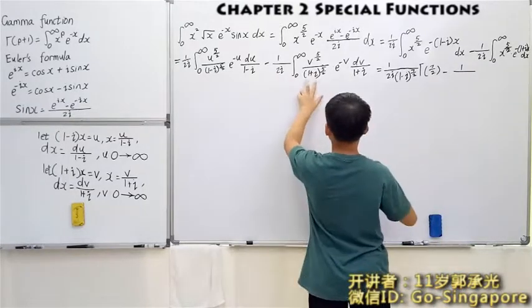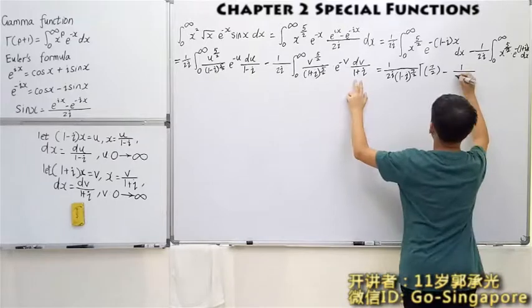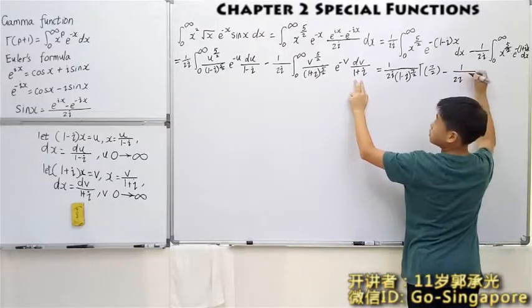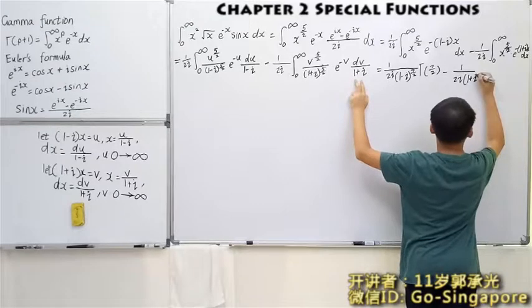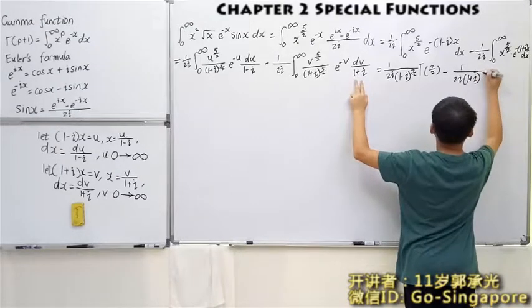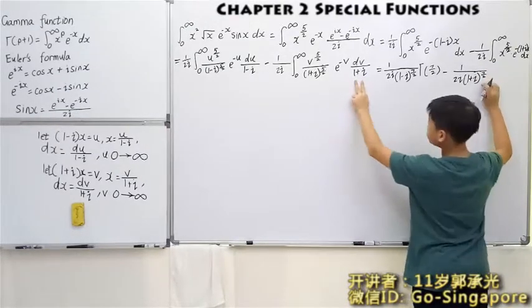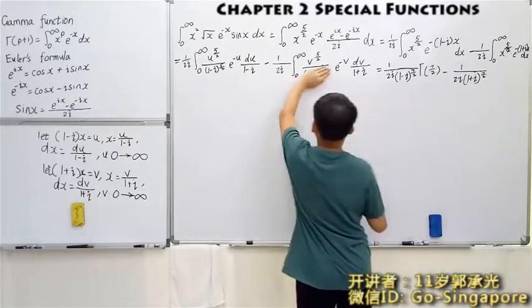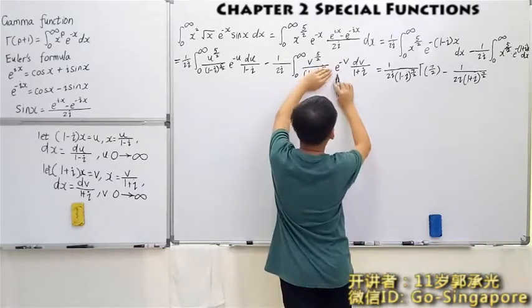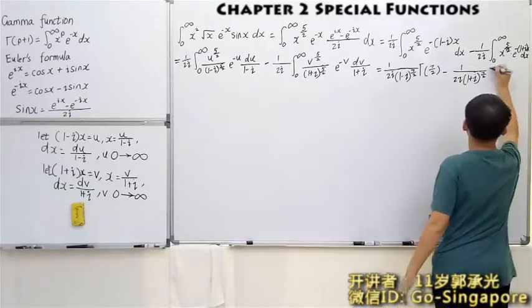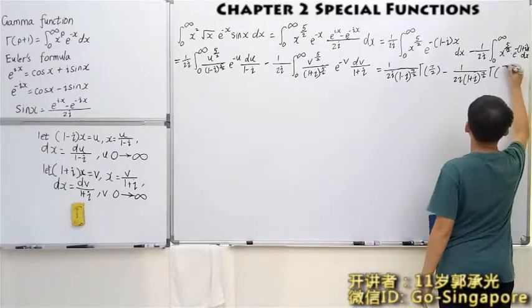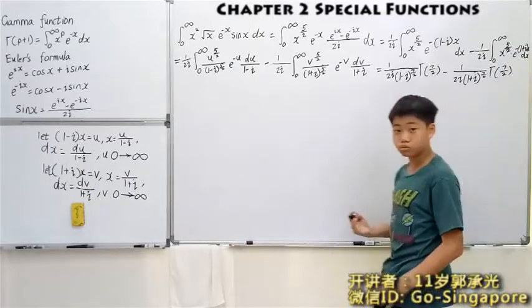Let's see for this part. Combine those. Still to the power of 7 over 2, but it's a 1 plus i. There. v to the power of 5 over 2, e to the power of negative v. Same boundary. So it would also become gamma 7 over 2.